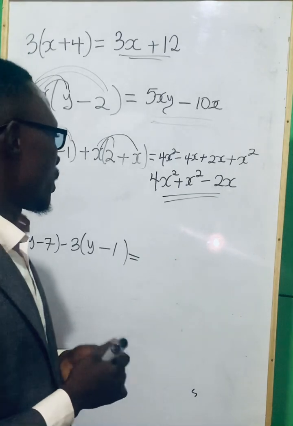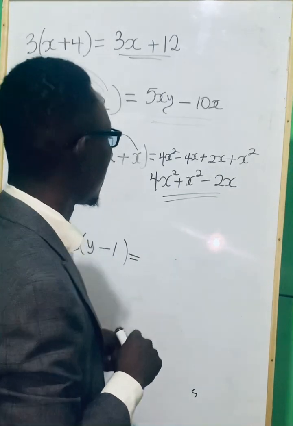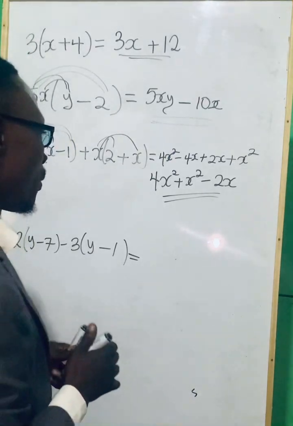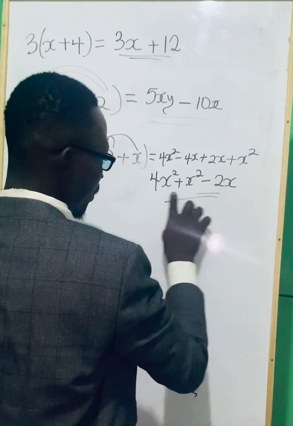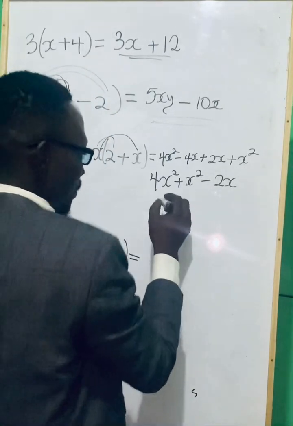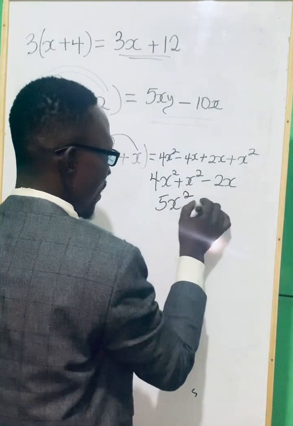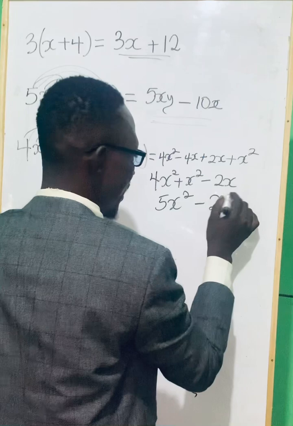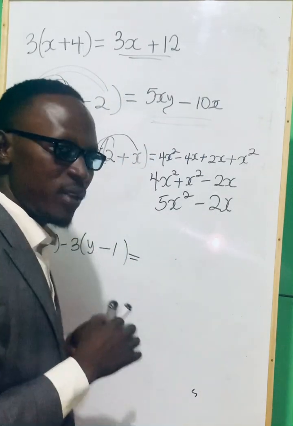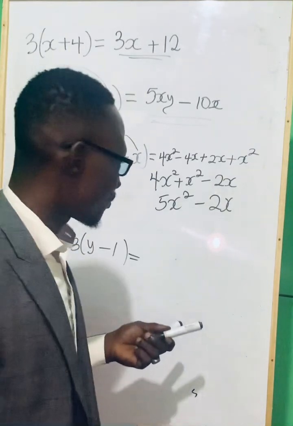This is because 4x squared has nothing to do with x squared. Yes, we can still go ahead, because look at it, we can still add, because 4x squared and x squared can also give us 5x squared minus 2x. In that perspective, yes, if you are not being restrained, you can continue.